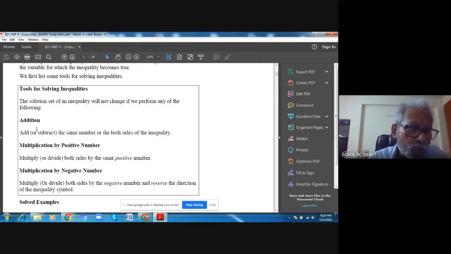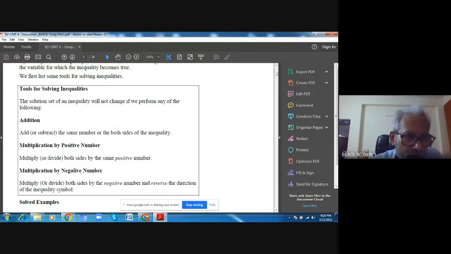If you know the rules, if you identify these rules, then you can solve the problem, no problem. So first is addition or subtraction, the same thing. Multiplication: again, in multiplication there are two things to keep in mind. It may be positive, it may be negative. So in which case it should be positive and in which case negative, you have to identify that.